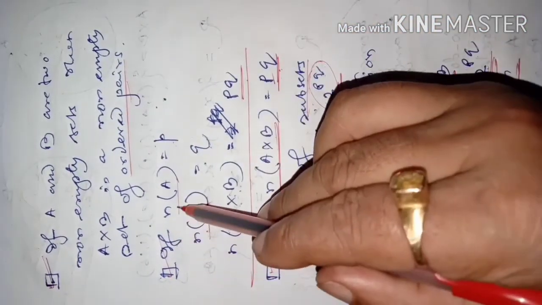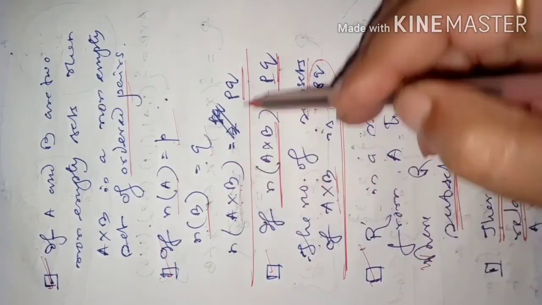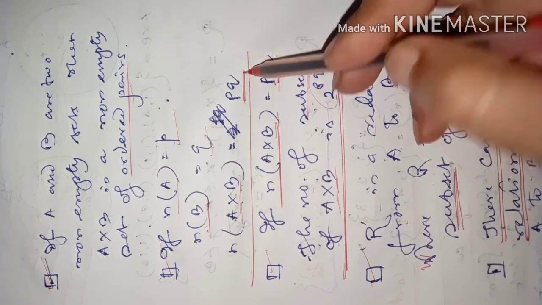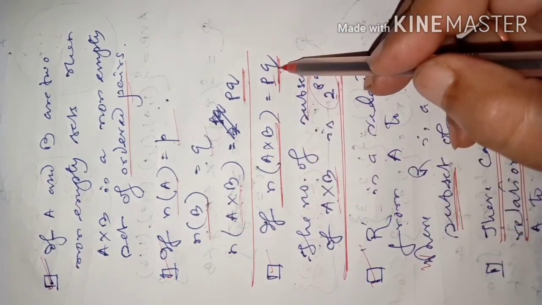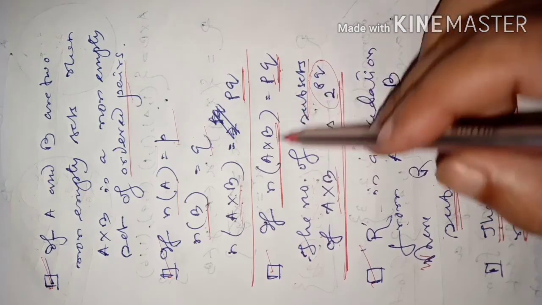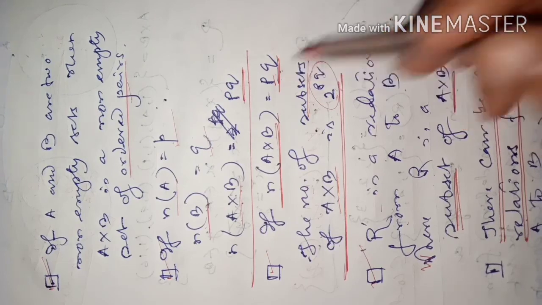Another point: if A has P elements and B has Q elements, then A cross B will have P into Q elements. The number of elements in A cross B is PQ. Then the number of subsets of A cross B will be 2 to the power of PQ, because PQ elements are there.